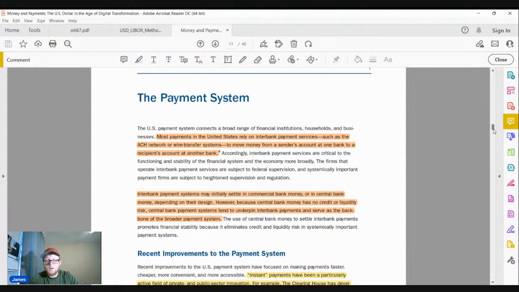So essentially, the settlement of transactions between, say, two commercial banks is happening on the books of the Federal Reserve. So it's not having to change institutions, right?